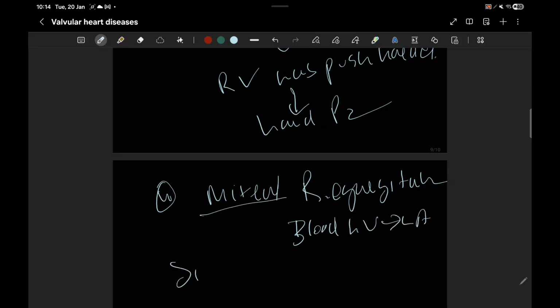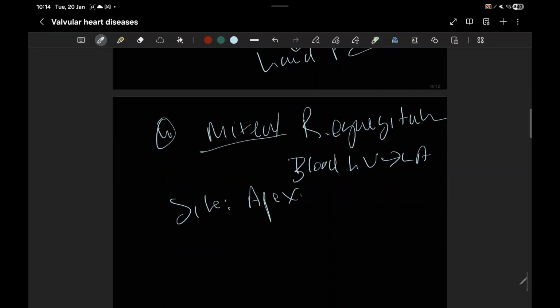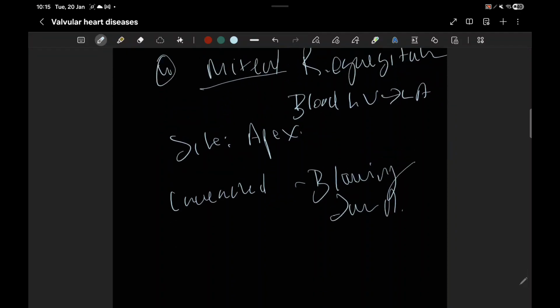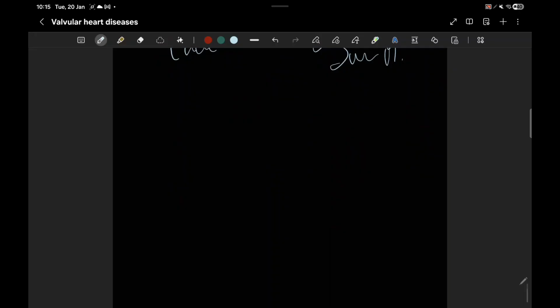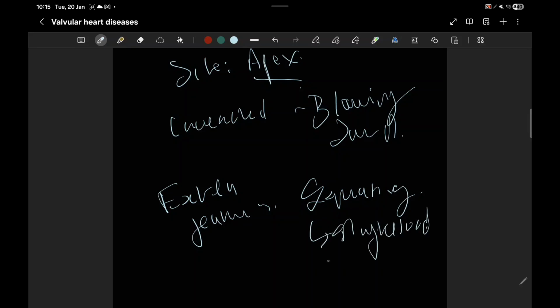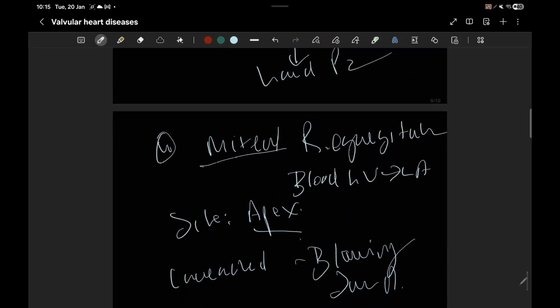Again, the site is the apex, and the character is a blowing sound, mainly heard in the apex. There are some extra features, like squatting, which will increase the afterload. In this, more blood will pass from LV to LA.